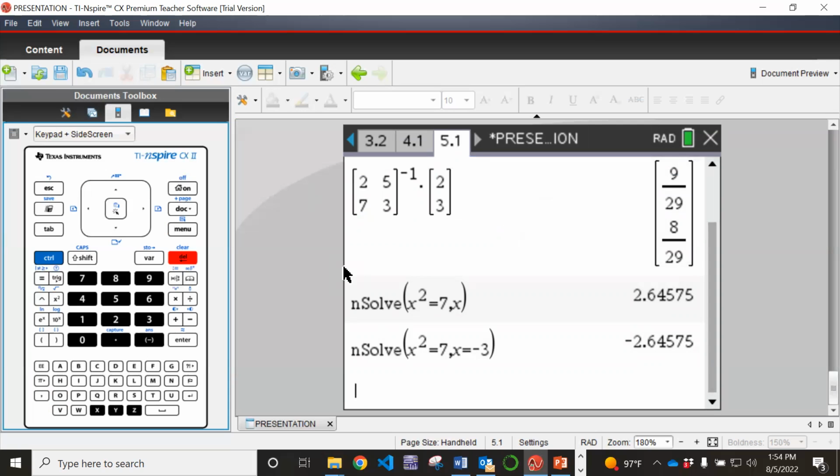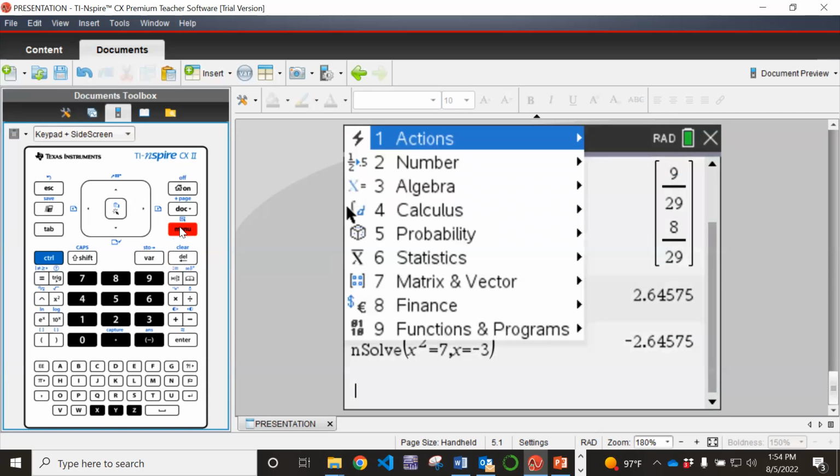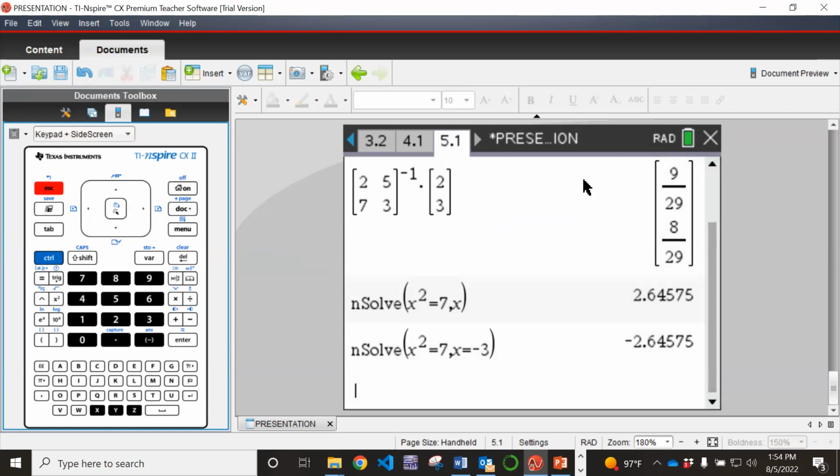Again, AP Calculus says that you need at least 3 decimal places of accuracy. So if I want to be careful here, then I may go in and actually look at the settings on this, which is actually right here on some of the older versions. There is actually a gear symbol right here as well.